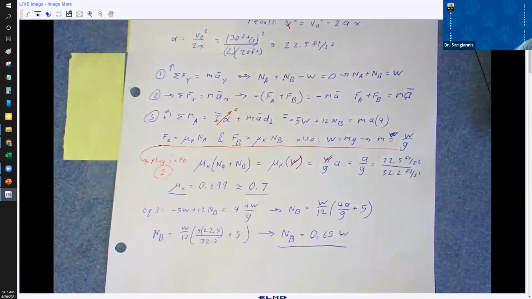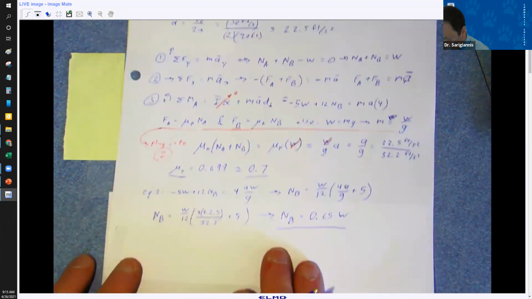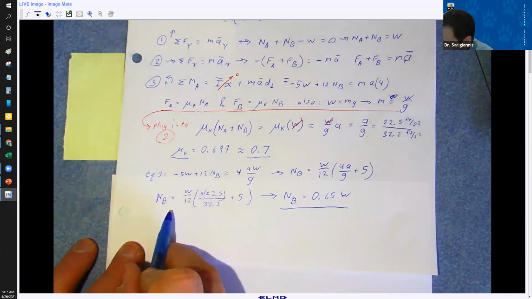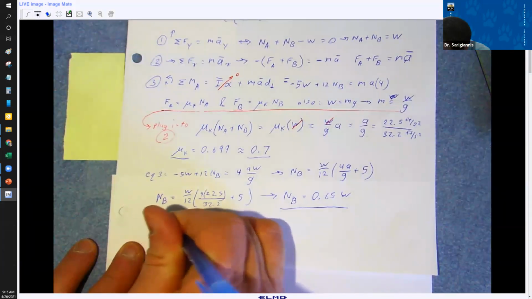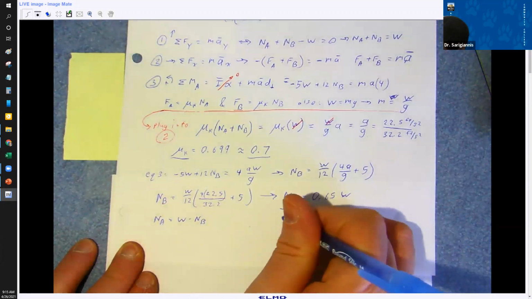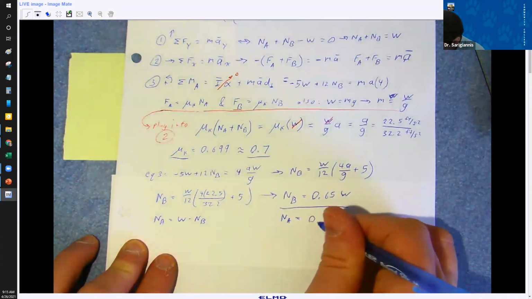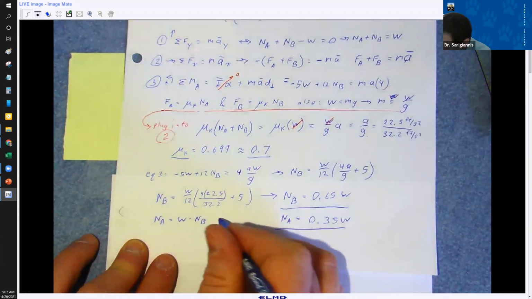Let me get another sheet of paper. I'm expecting to go on page 2 here. I can fit a little more on here. Remember, NA plus NB is W, so NA is just W minus NB. So NA is just 0.35 W, right? Comes from this.